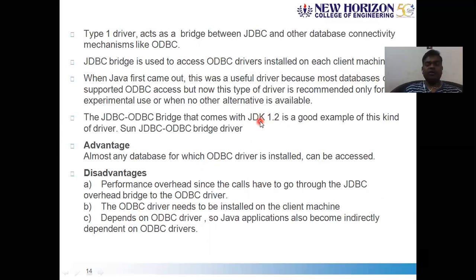I mean, the type 1 driver is defined in order to communicate with the ODBC driver associated with the DBMS. It was a very useful driver because most databases support ODBC, as I explained earlier with the block diagram.